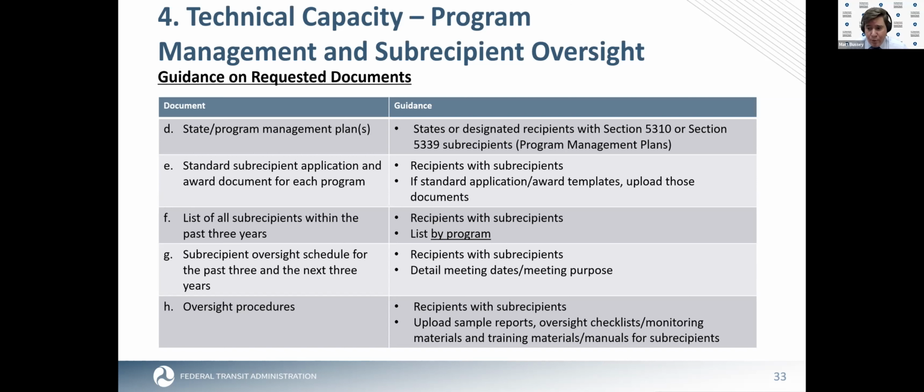If you don't have anything completed, then at the very least, provide oversight checklists, monitoring materials, any training materials or manuals that you give to the subrecipients to train them so that they can be compliant. All of those are things that your reviewer is going to find helpful. So please provide those.